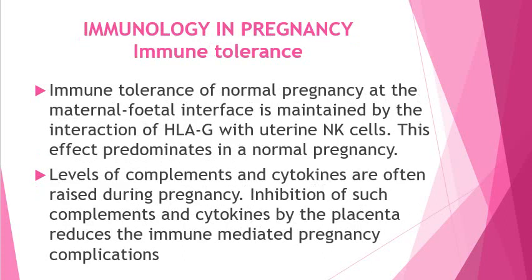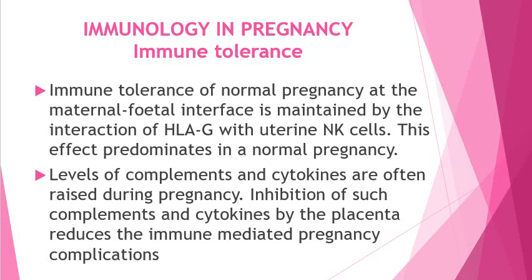So, immunology in pregnancy, and that is how immune tolerance occurs, and why the fetal allograft is not usually rejected. Immune tolerance of normal pregnancy at the maternal-fetal interface is maintained by the interaction of human leukocyte antigen G with the uterine natural killer cells.